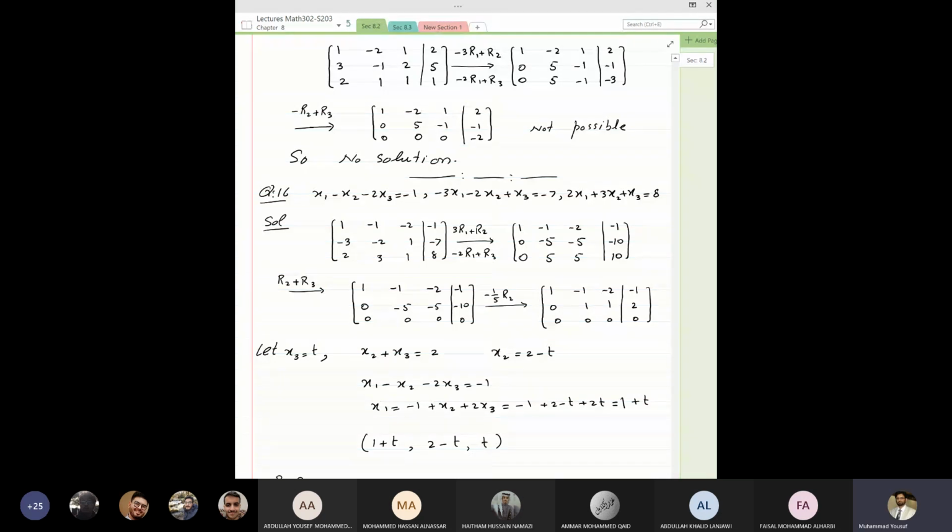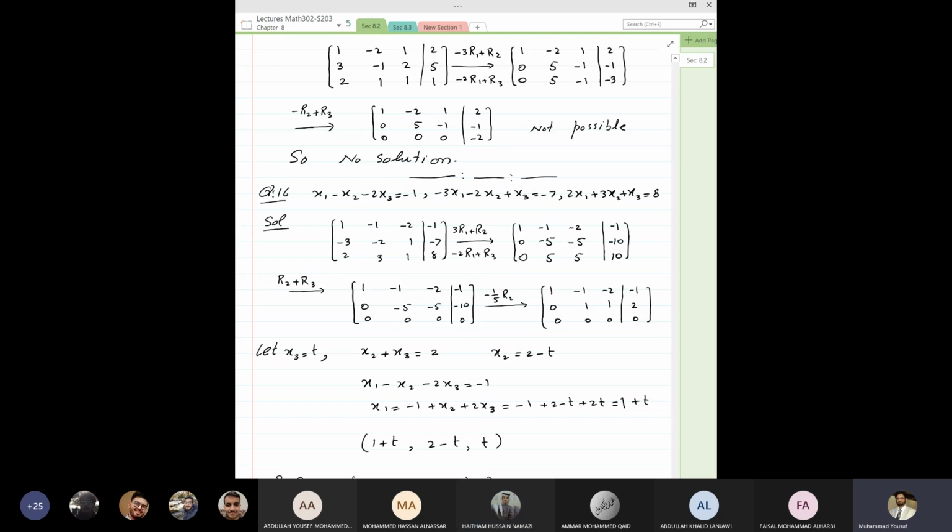This is what you want? R1 plus R2. No. Where will be the change? To R2 will be 0, 0. Then the first 0 will become non-zero. Yes, yes. We need to have it 0. Yeah, you can say add R2 to R1.